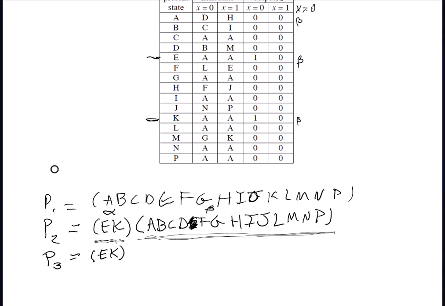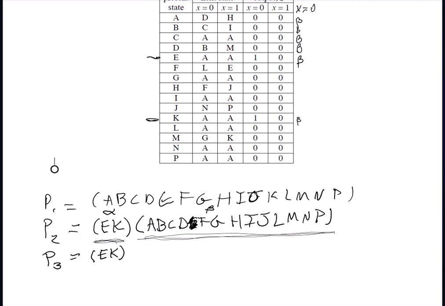For B, when x is 0, the next state is C. C is in the beta partition. For D, the next state is B, which is also in the beta partition. I skipped C. For C, the next state is A, which is in the beta partition.